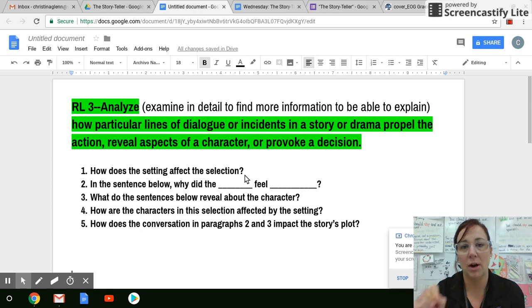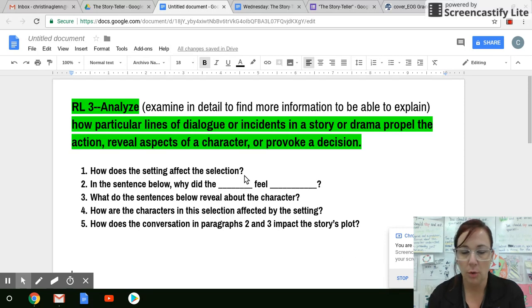Your plot diagram, that beginning section, that exposition, that first line is going to tell you some important details. A lot of times in the first half of the selection, even typically in the first paragraph or two, the author is going to lay out the setting for you.